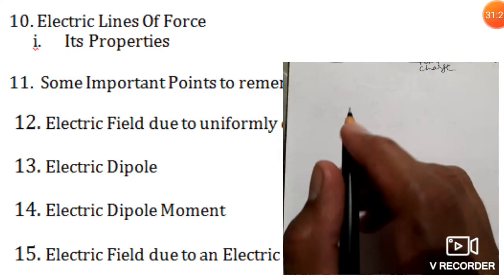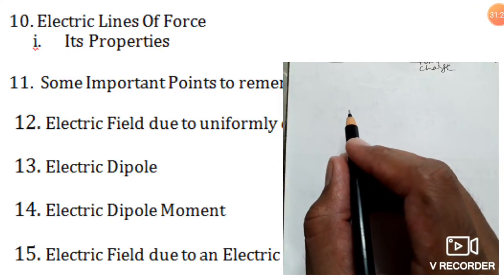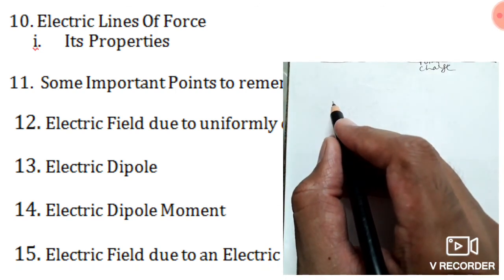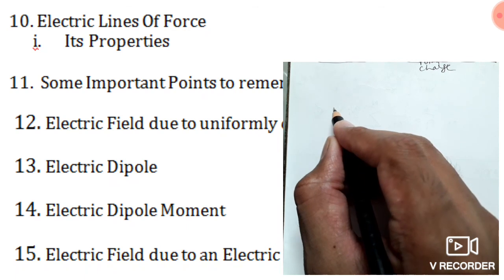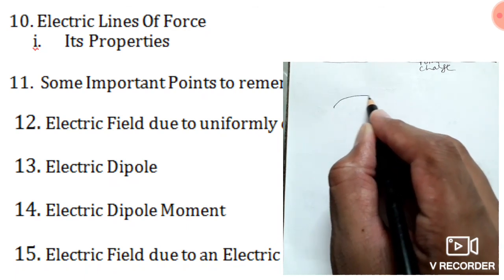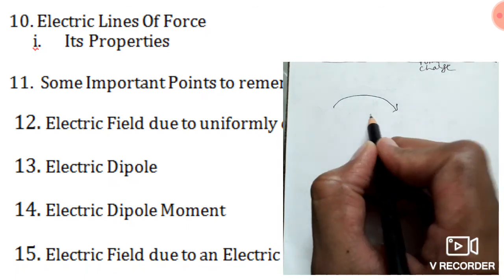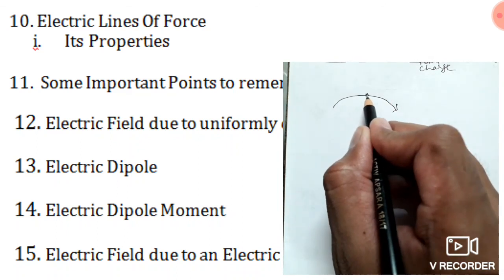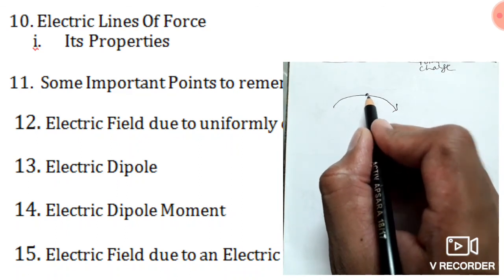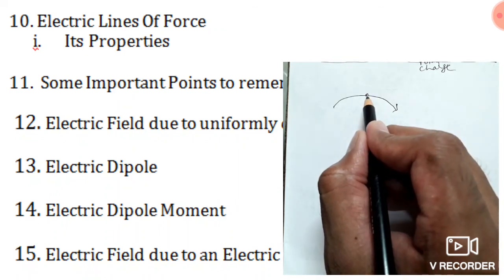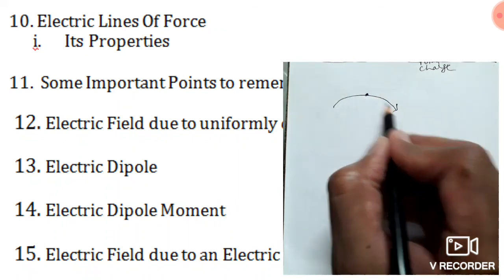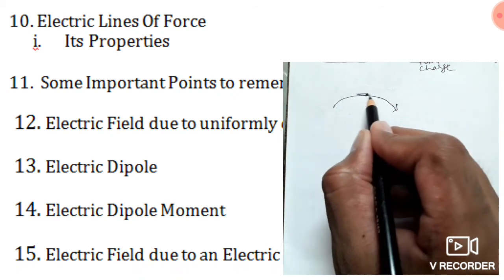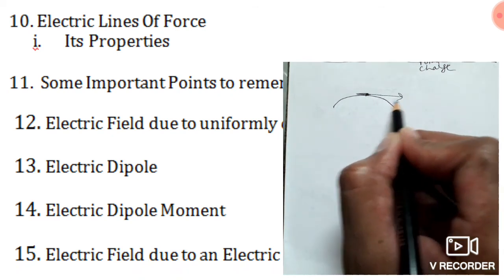Let us discuss the second property of electric lines of force. If we draw a line of force and want to know the direction of electric intensity at any point on the line of force, it will be given by the tangent drawn at that point.